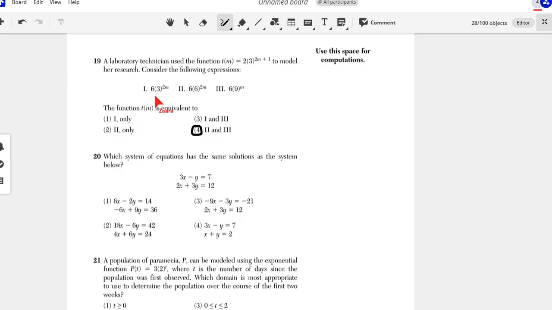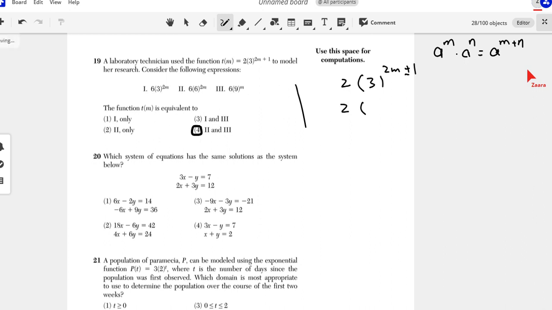Look here. Number 1. It is 2 times 3 raised to the power of 2m plus 1. So what does that mean? Let me tell you the rule. If it is a raised to the power of m times a raised to the power of n, that can be written as a raised to the power of m plus n, right? So we can write it with different bases.